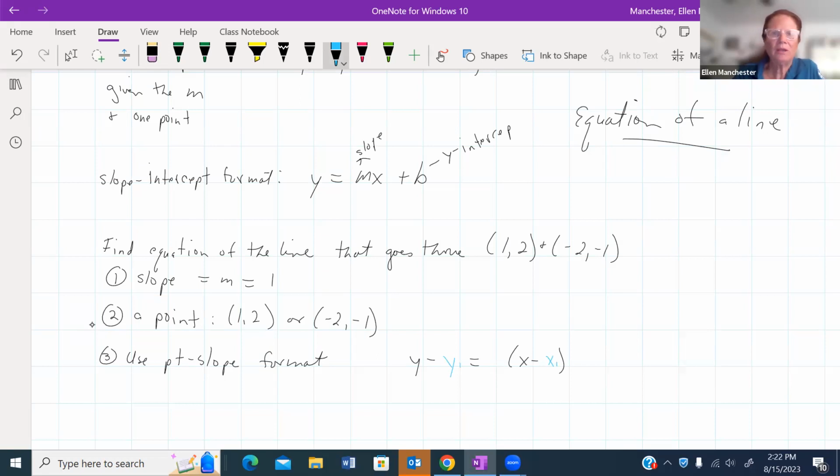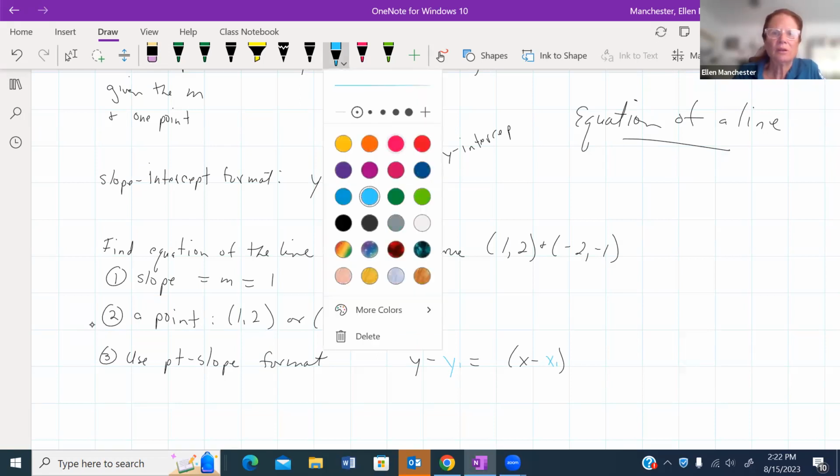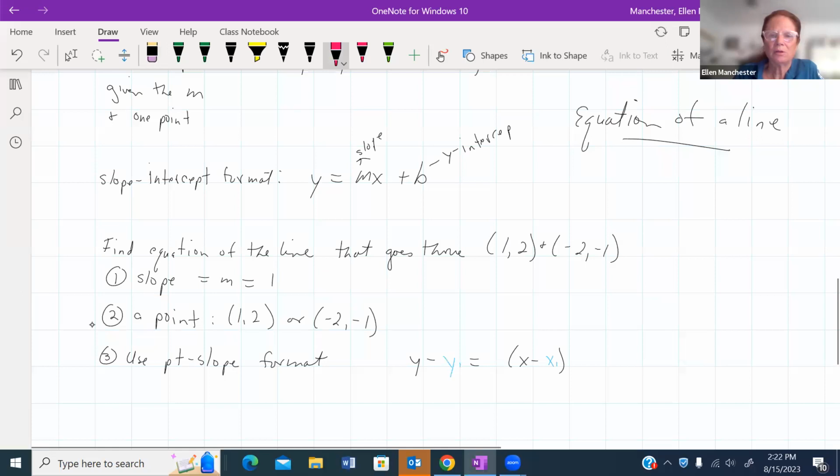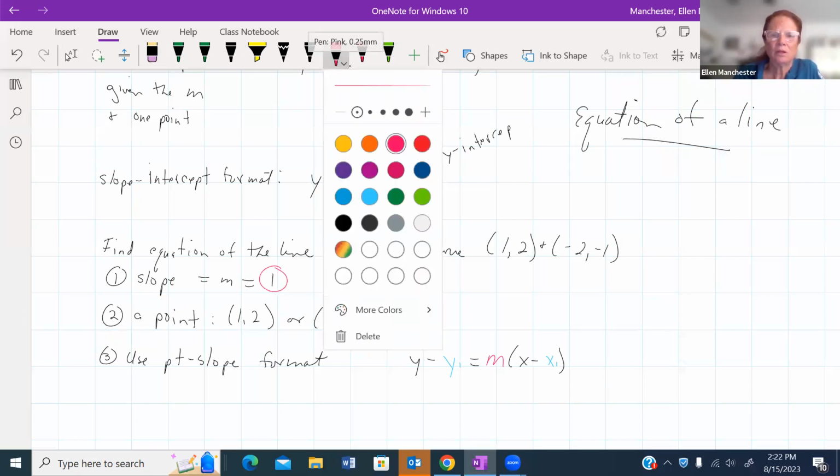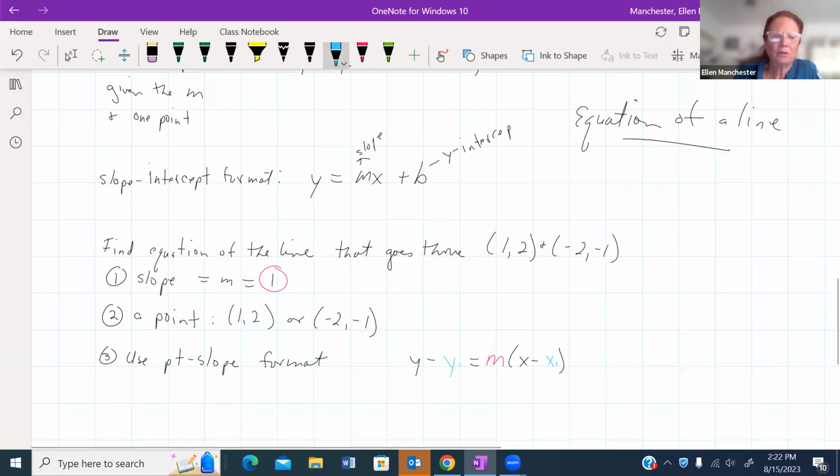Okay, there's my point, and I need the slope. Okay, well, we have the slope. And we have the point. Or this, it doesn't matter. You can use either set. So as long as we have the slope and a point, we're good to go.